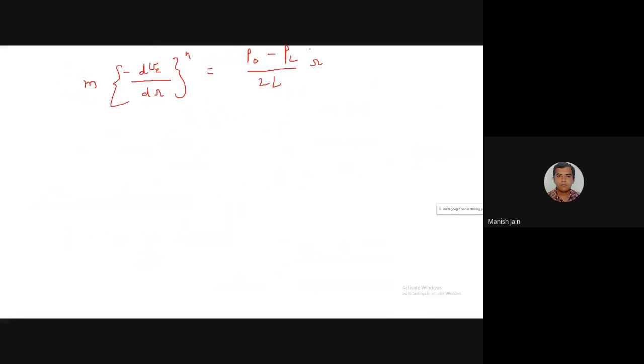Okay, now just solve this problem. Just integrate this value, you will get the value of vz. Again, first take the m to the right hand side, then open the bracket, you will get minus dvz by dr equal to (P naught minus PL) divided by 2L multiplied by m to the power 1 by n multiplied by r to the power 1 by n.